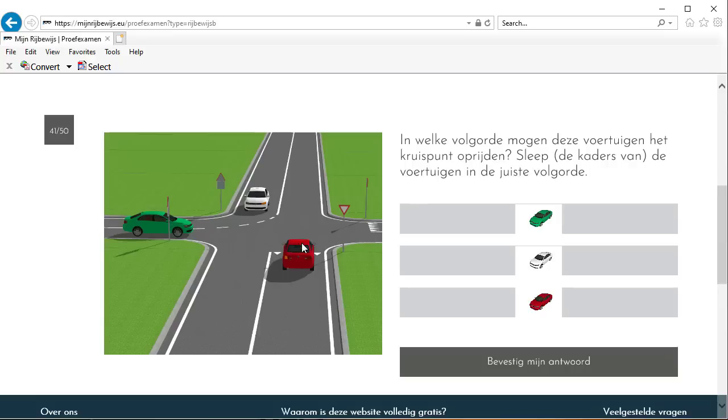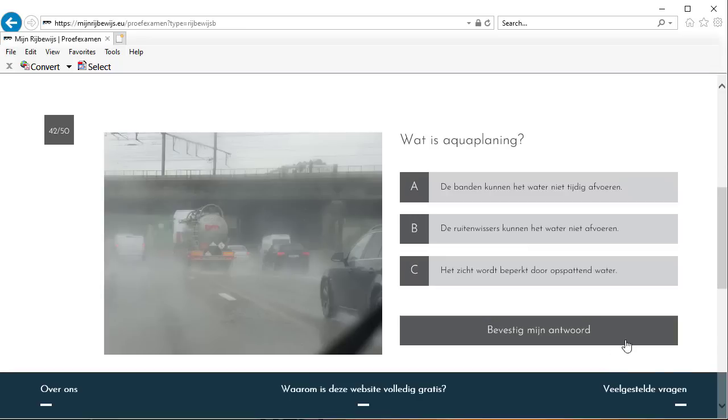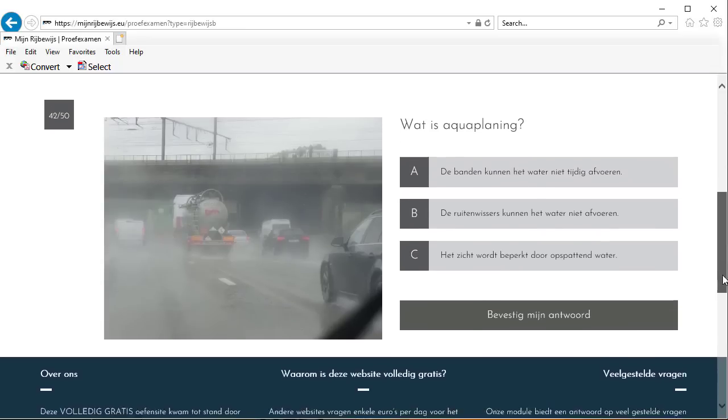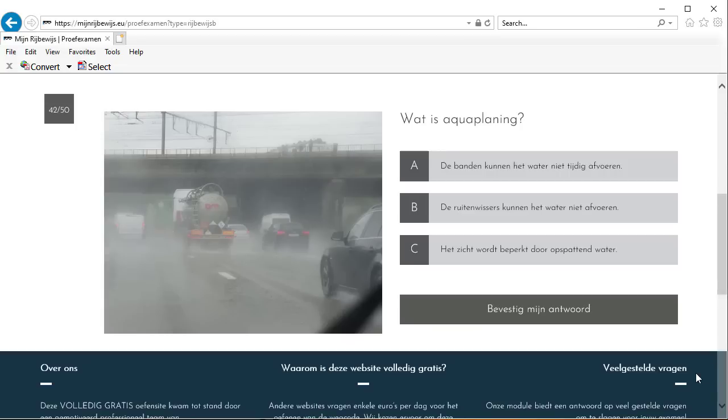What is aquaplaning? Option A, the tires cannot push the water away. The option A is the water gets jammed between the tires and the road.